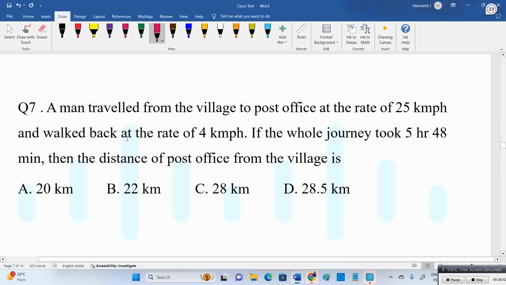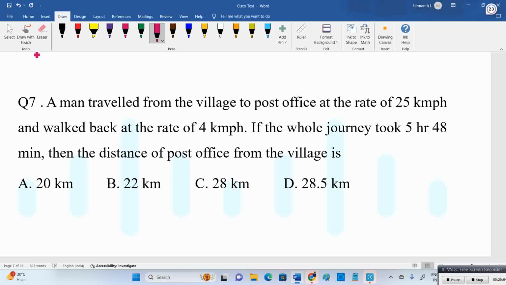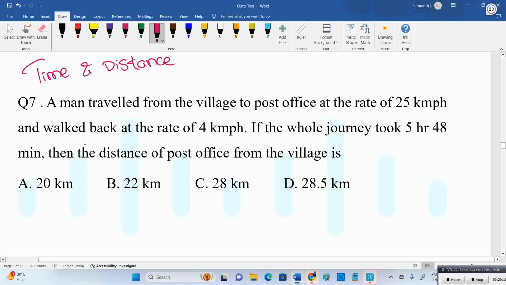Next question is also time and distance related. Initially we did a couple of LCM and HCF questions, now time and distance related questions. In the Cisco hiring process, most of the questions are from reasoning, a few from quant.